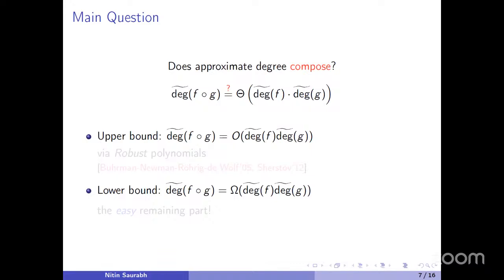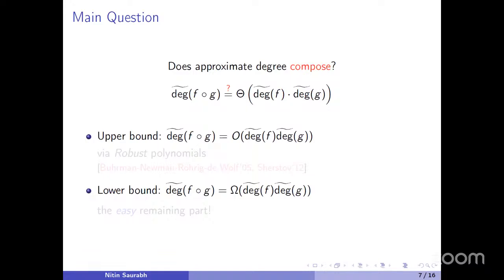So that comes to this question, upper bound and the lower bound, right? So the upper bound is proving that the approximate degree of f composed with g is at most approximate degree of f times approximate degree of g, and the lower bound is proving the same as a lower bound, right? So even the upper bound is not so clear. In the exact version, you can just compose 2 polynomials right here, but here the outer function is expecting Boolean inputs, right?